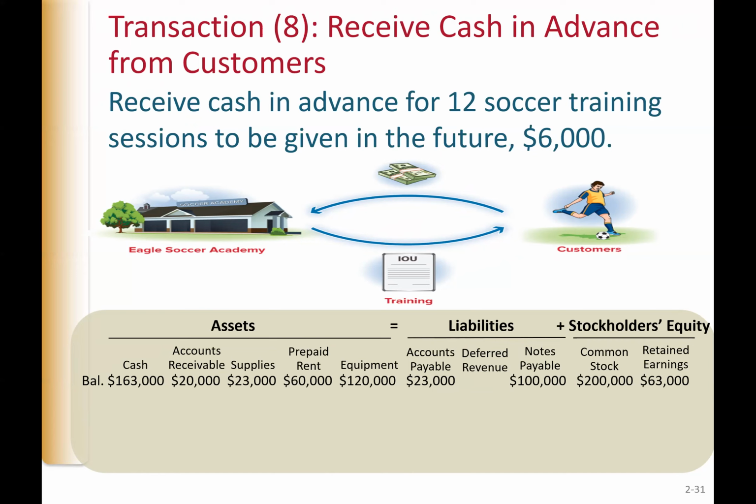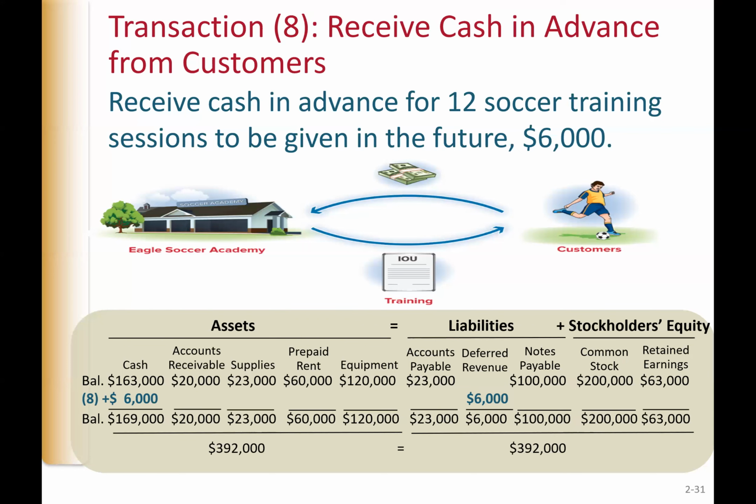So they gave us $6,000 up front. So our cash increases by $6,000. The $6,000 that we call deferred revenue means we received a benefit today, but we have a future sacrifice, which means we owe them something. We owe them some training, or we have to pay them back their money. So the only liability you will ever see that doesn't have the word payable after it is this new account you're seeing right now called deferred revenue.